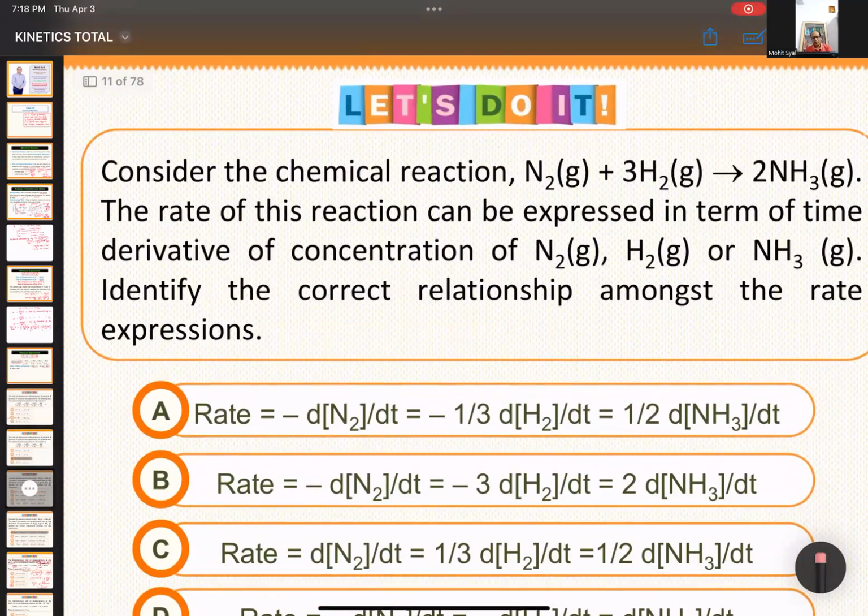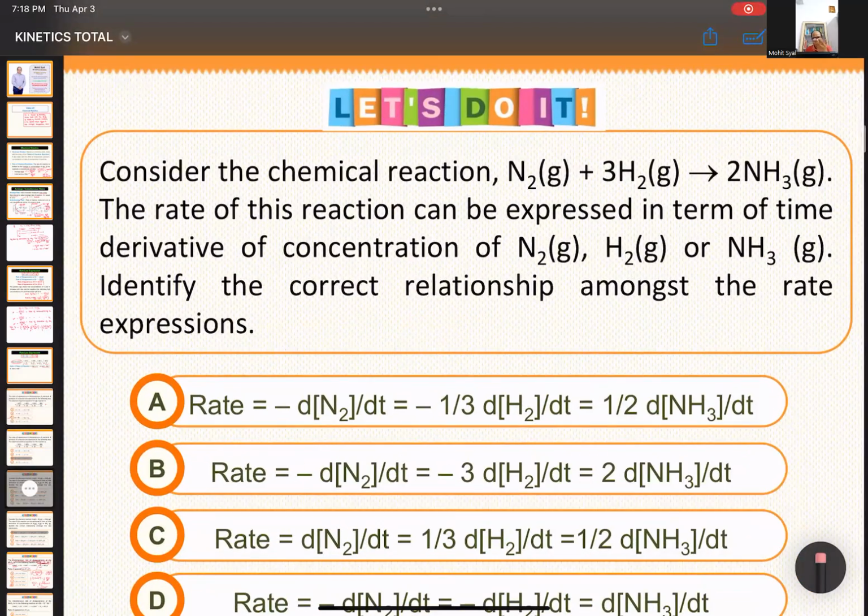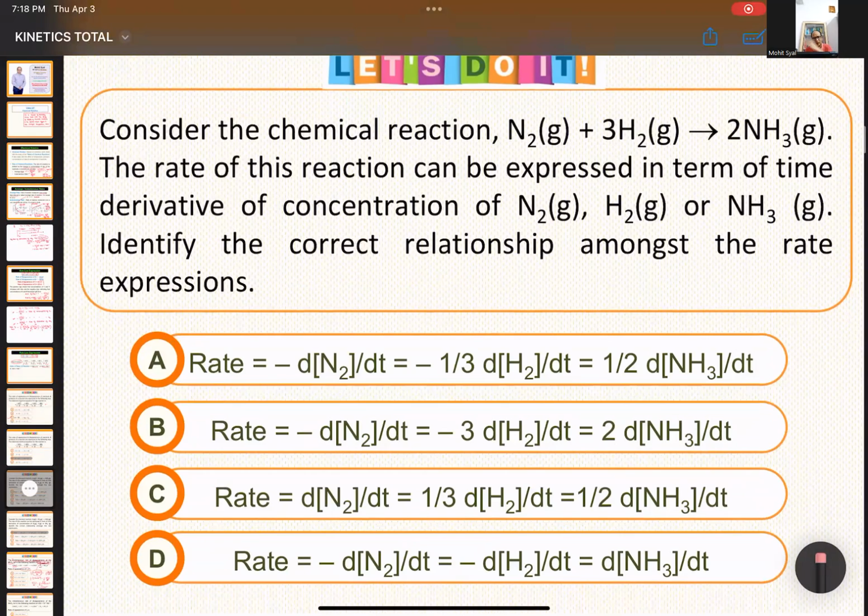Right. So let's do the numerical. This is the same thing which we discussed. Just quickly tell me the answer again, a quick recap of what we discussed just now.